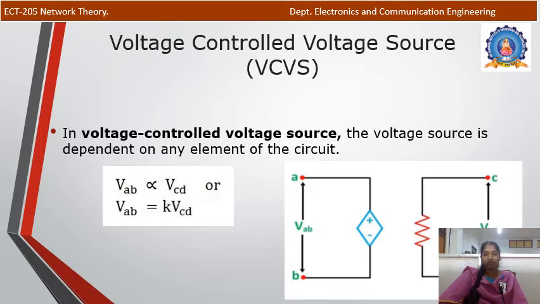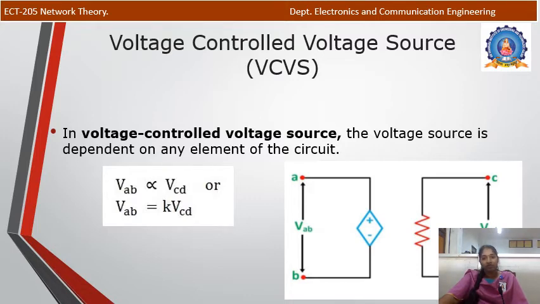Here it is a voltage controlled voltage source, so the output voltage depends on a voltage in the circuit. So we can write VAB is proportional to VCD, where VAB is our source voltage that depends on VCD, the other voltage in the circuit.